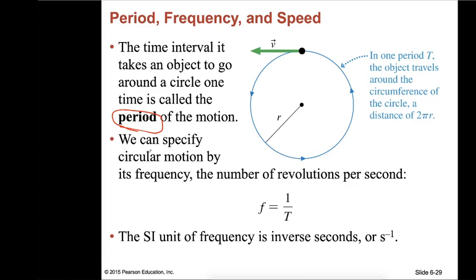We can specify circular motion by its frequency. The number of revolutions per second is the frequency. Usually we use f to stand for the frequency. f equals 1 over T, where T is the period. The SI unit of frequency is inverse seconds, or per second.